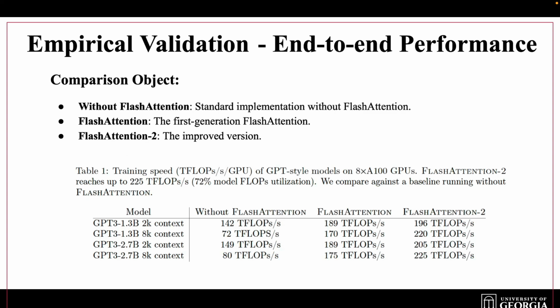This table shows training speeds. FlashAttention 2 hits up to 225 TFLOPs per second on the GPT-3 2.7B model with an 8K context, compared to 80 TFLOPs per second without FlashAttention and 170 TFLOPs per second with the first generation. It truly stands out as the clear winner in every configuration.